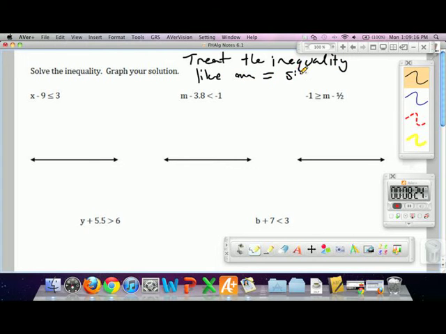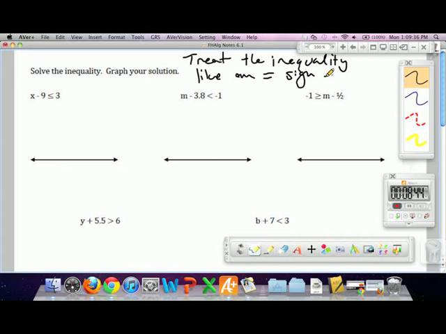We're going to solve it exactly the same way. Just pretend it's an equal sign and let it roll. Tomorrow we'll see situations where we might have to do some minor adjustments, but in the grand scheme of things, they're basically the same thing.